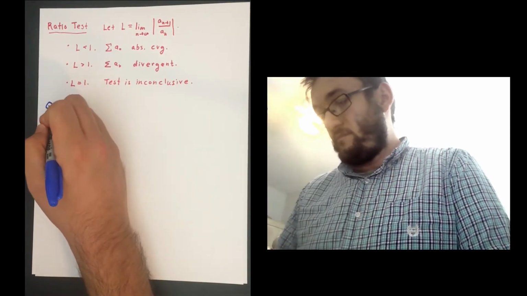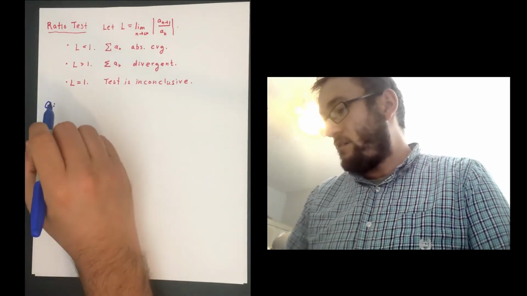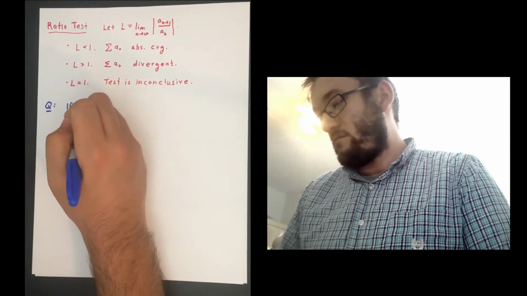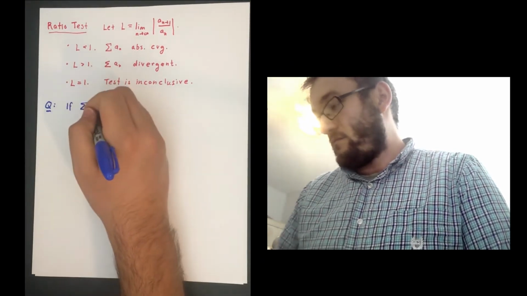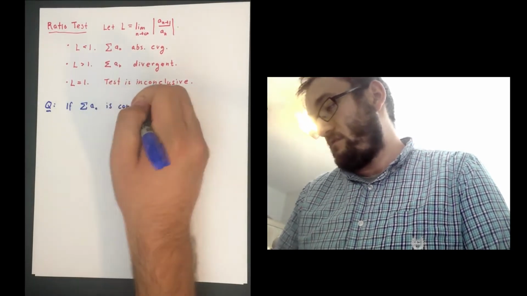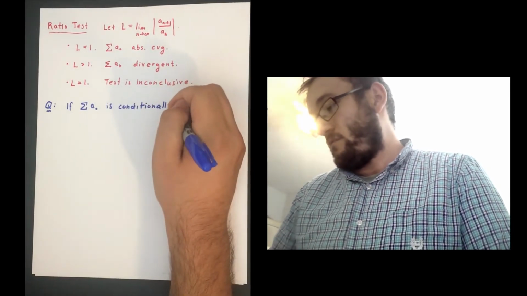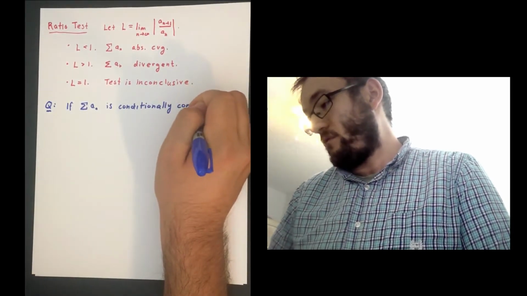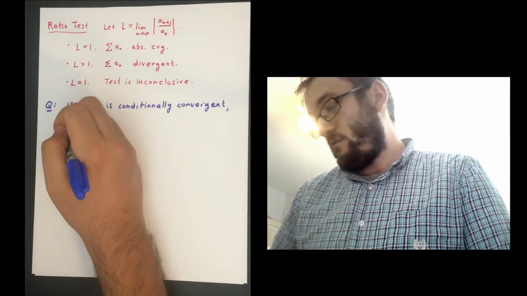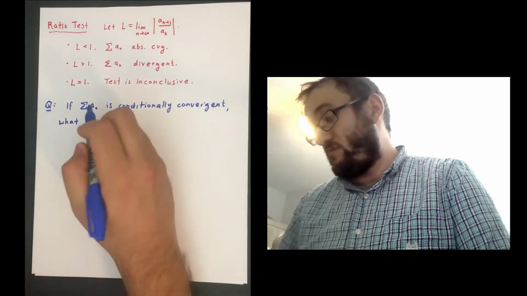Quick question. Make sure that we've got the right concepts in mind. If a series a_n is conditionally convergent, what do we expect the result of the ratio test to be?